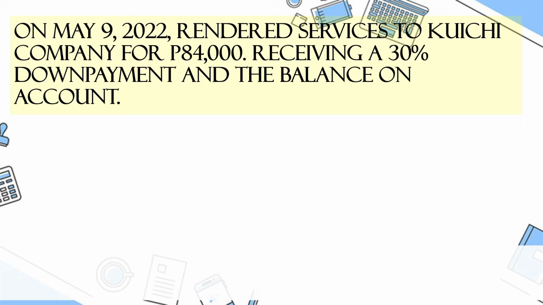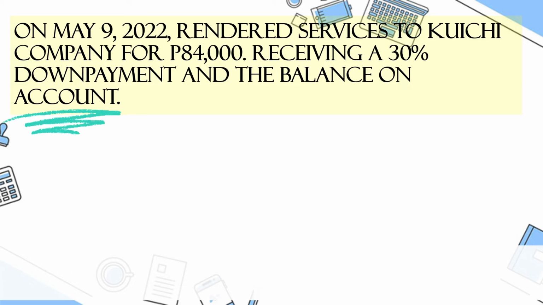Next example, on May 9, 2022, rendered services to Koichi Company for 84,000, receiving a 30% down payment and the balance on account. In this transaction, it means we did the work for Koichi Company, but we were not paid in full. We are just given the 30% down payment and the remaining 70% is on credit.